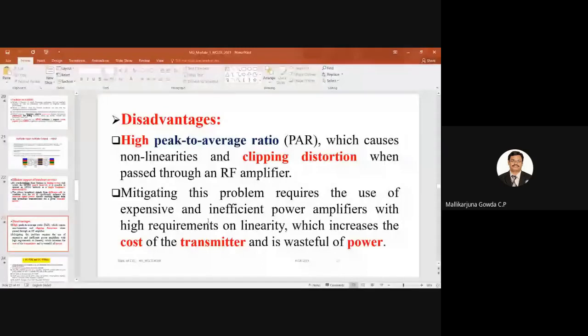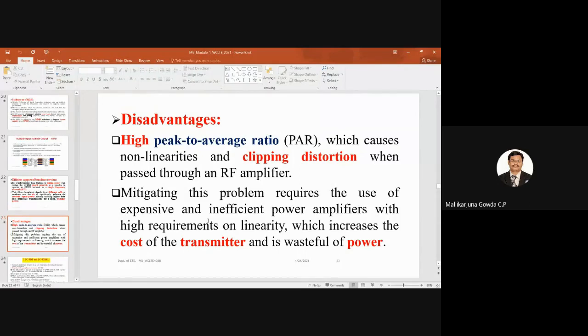If the operating point is at the center of the load line, then we will be able to reproduce the signal faithfully, right? If the operating point moves towards either the y-axis or the x-axis, what happens? Some portions of the signal will be clipped off. That is what is happening here.